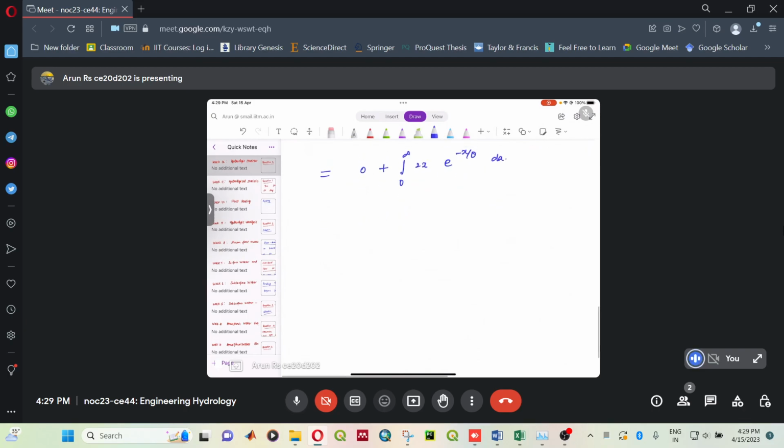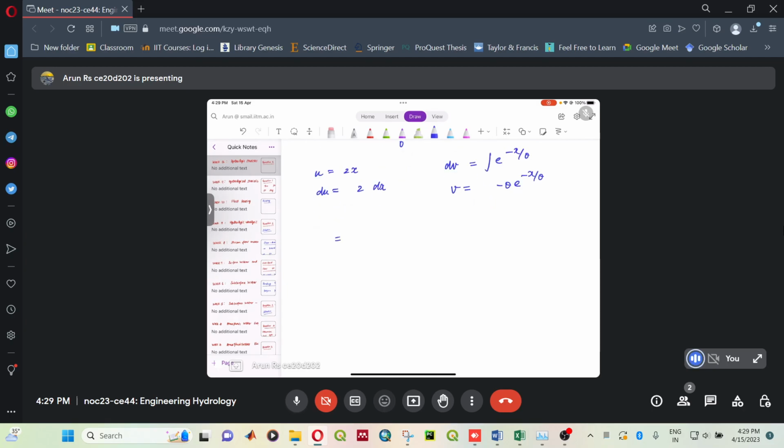So again we can evaluate the second integral by integration by parts. So I am taking u as 2x, and du will be 2 dx, and we have dv as e power minus x by theta, and v will be minus theta e power minus x by theta.